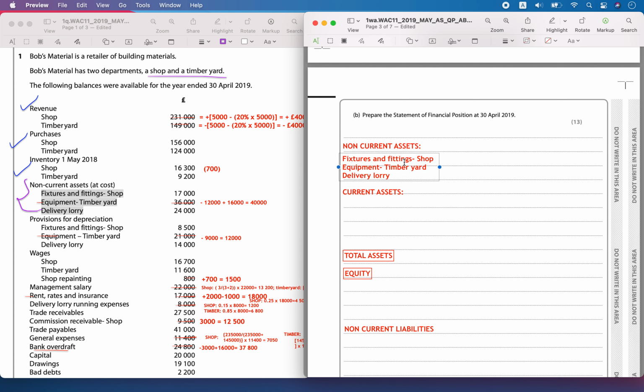Here you will have to calculate their cost, then their accumulated depreciation, and then finally the carrying value.